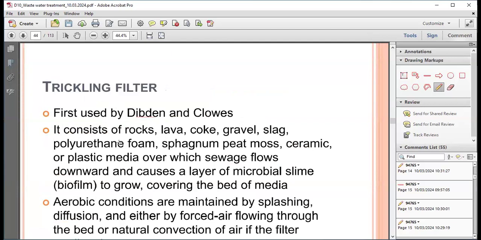It consists of rocks, lava, coke, gravel, slag, polyurethane foam, sphagnum peat moss, ceramic, or plastic media over which sewage flows downward and causes a microbial slime to grow, covering the bed of media.